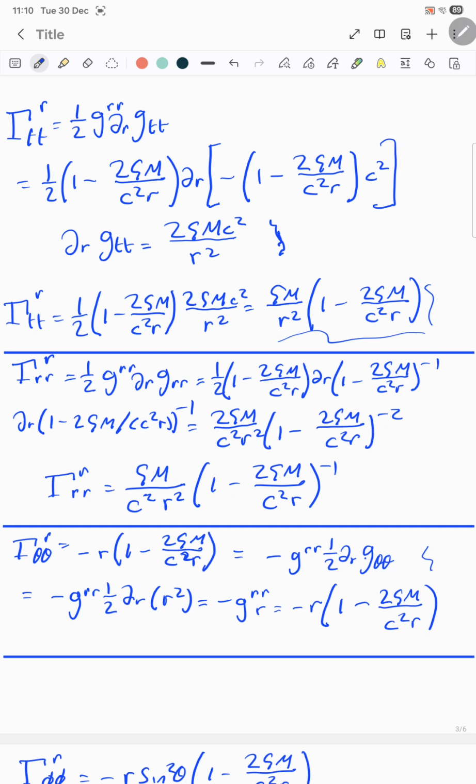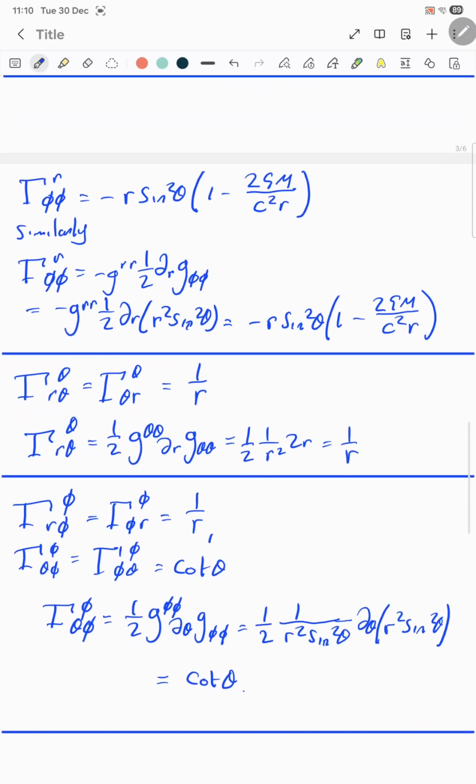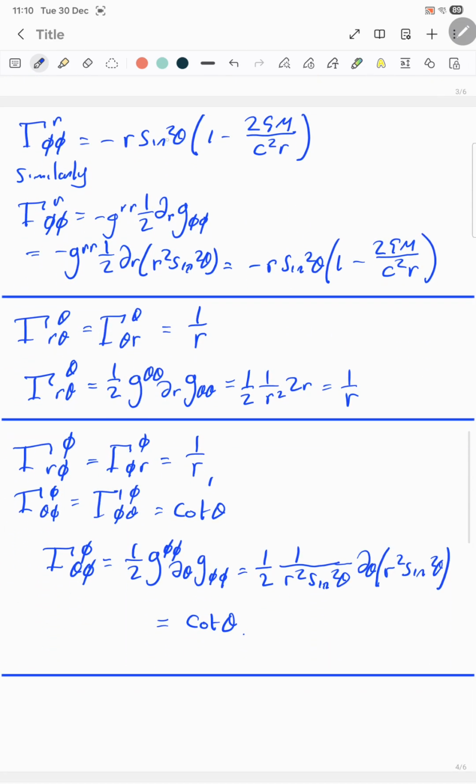And if we follow through for all the other components, g r r, we get this, and g r theta, this, and g r phi, we get this, and similarly, we'll get this.